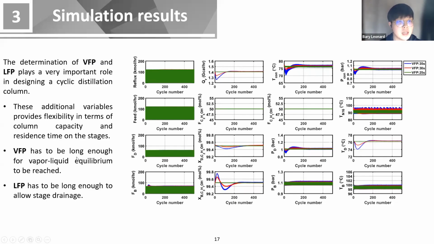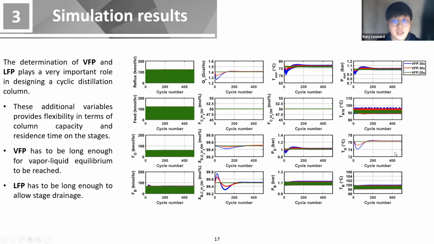The VFP has to be long enough to let the vapor liquid equilibrium be reached on each stage for the separation to happen. Or in the case of reactive cyclic distillation, we also need the VFP to be long enough to let the reaction occur and reach its equilibrium. And for the liquid flow period, it's relatively more simple. We just need it to be long enough to allow the stage drainage.